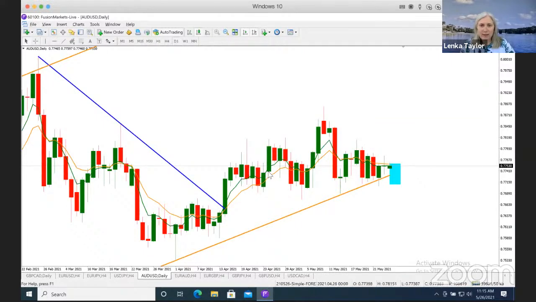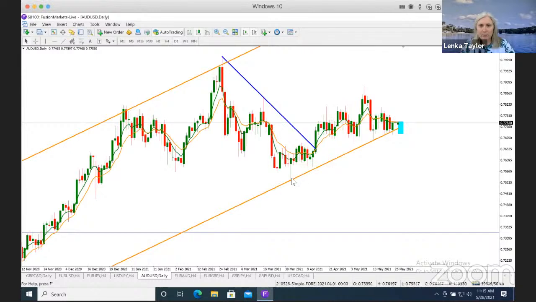On the daily, we've been going to the bottom of the channel and then sort of following the channel, but not going very fast. There's a little bit of resistance there as well. So not much room to move.